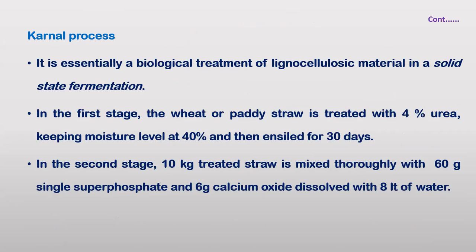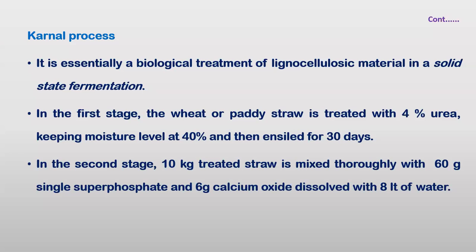In the first stage, the wheat or paddy straw is treated with 4% urea, keeping the moisture level at 40%, for 30 days. That means we can keep the treated straw for 30 days or 1 month. There are two stages of the Karnal process: first stage and second stage.